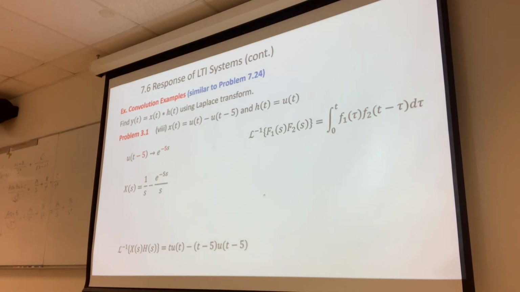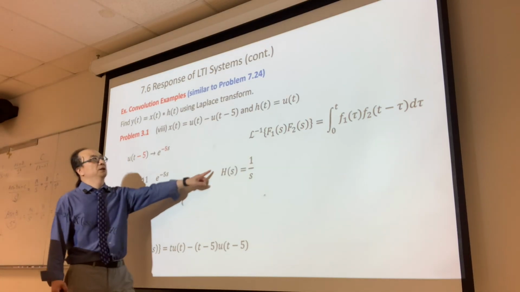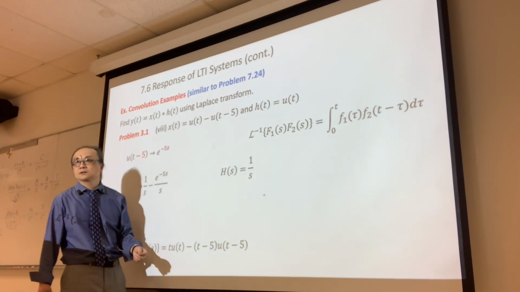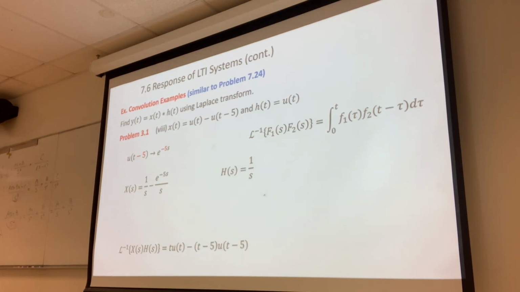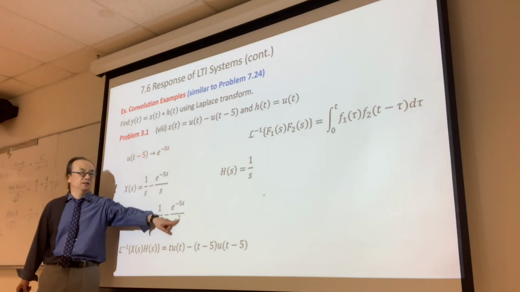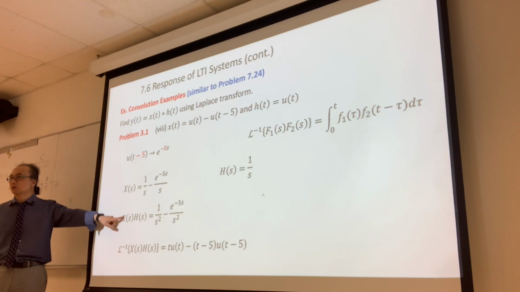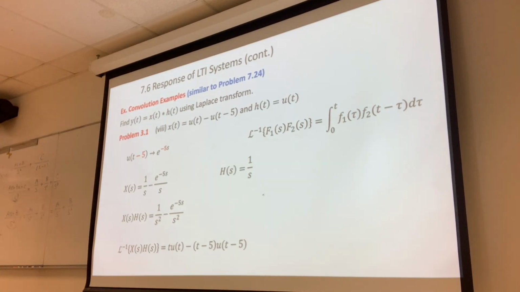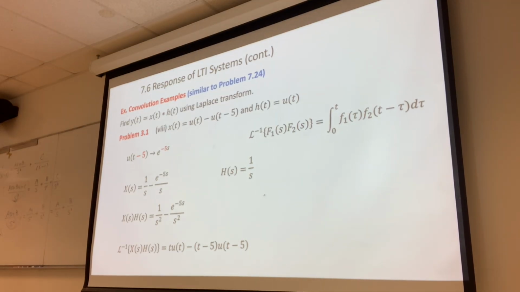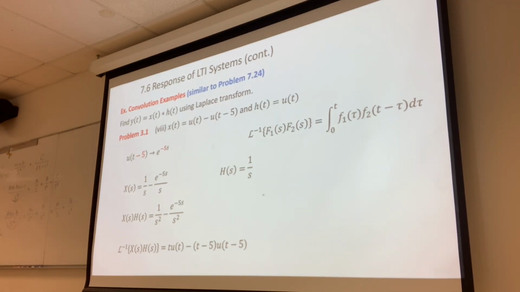And capital H of s is just 1 over s. If we multiply X of s and H of s, we get this, and when we take the inverse Laplace transform of this, that is t u of t minus (t minus 5) u of t minus 5.